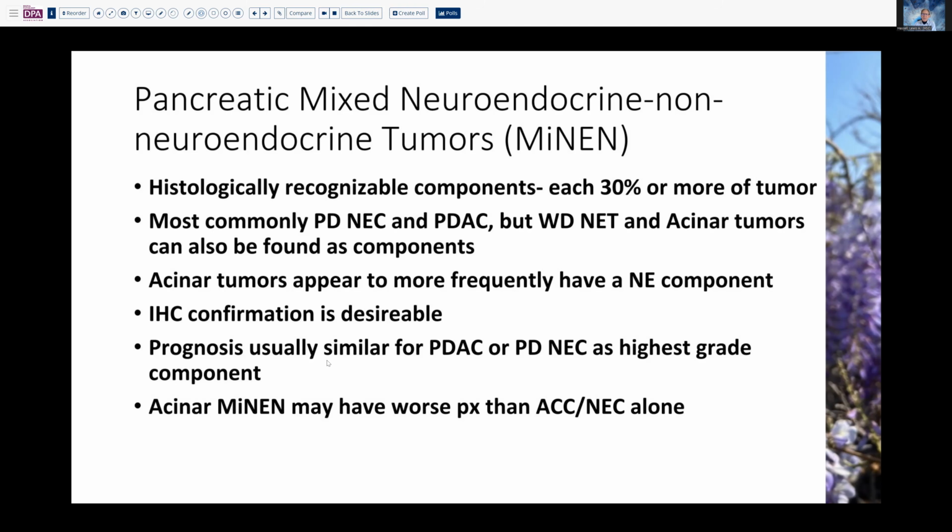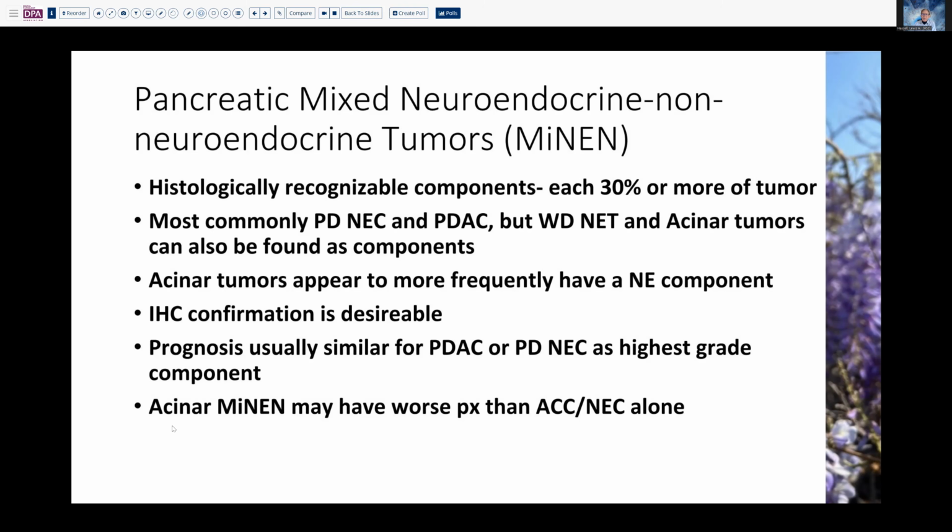And then in terms of behavior, well, the dogma is that the most poorly differentiated component is usually the driving and predictive force of what's going to happen ultimately. But in fact, it's probably pretty similar for pancreatic ductal carcinoma or pancreatic neuroendocrine carcinoma, based on which one is the higher grade lesion.